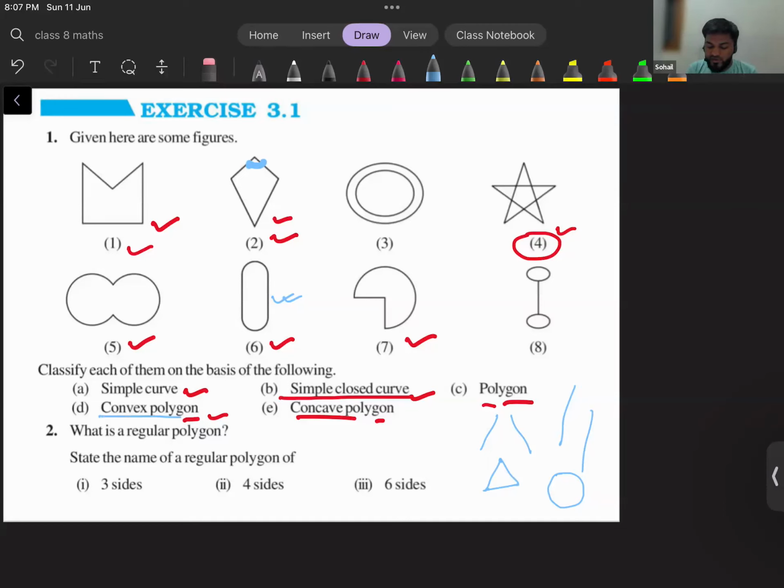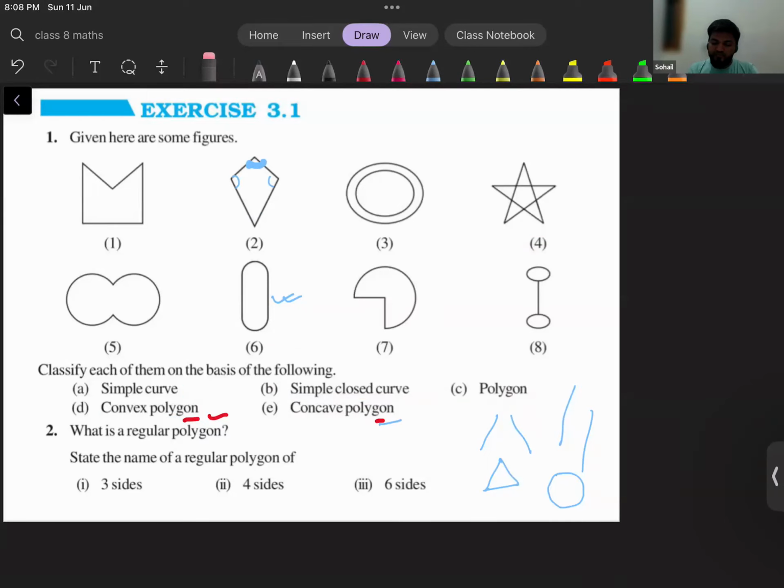So convex polygon, figure number 2 here, all the angles are lesser than 180 degrees. That is an example. What about a concave polygon, guys? Observe the first figure.